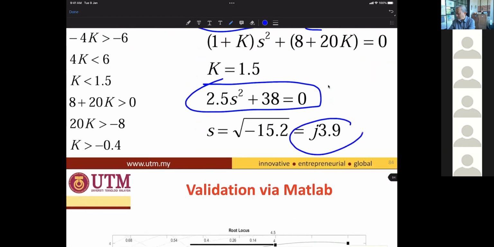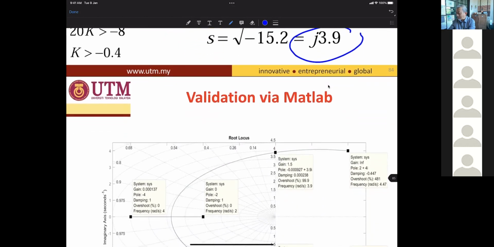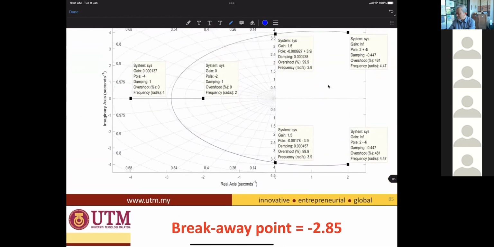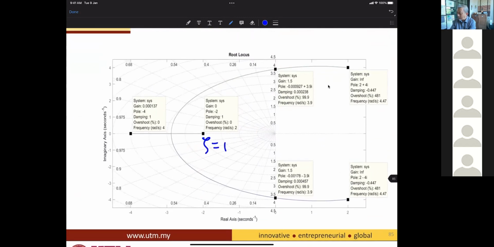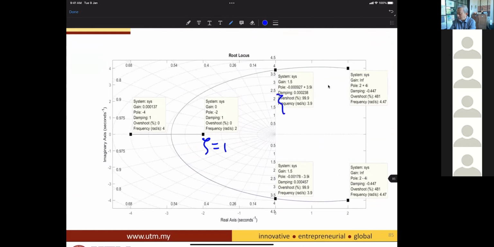Inside the value k here, you have these quadratic equations factorized. So it is plus minus j 3.9, macam si Natra cakap tadi. Boleh Natra, boleh faham? Okay, so this is overall. You can see that here zeta is equal to 1. Sini zeta-nya equal to 0. This region zeta is between 0 and 1.